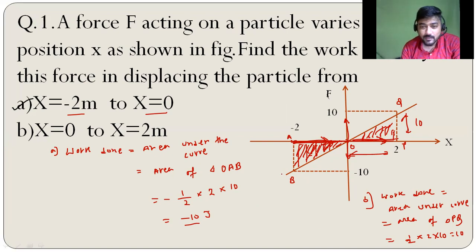You can conclude this for the problems involving graph: whenever you get the area below the x-axis, for this journey of the particle, the work done will be negative. When you get the area above the x-axis, then the work done will be positive.